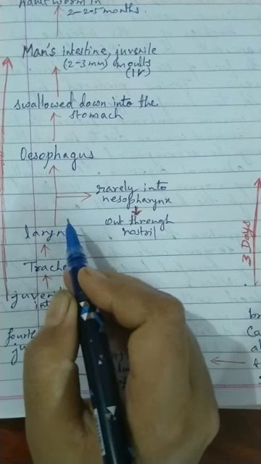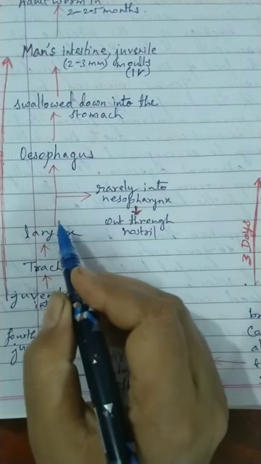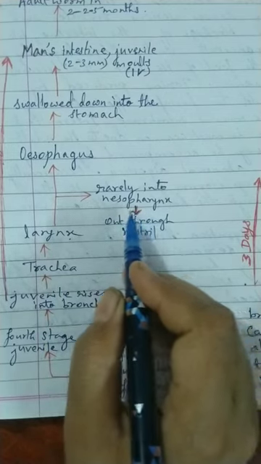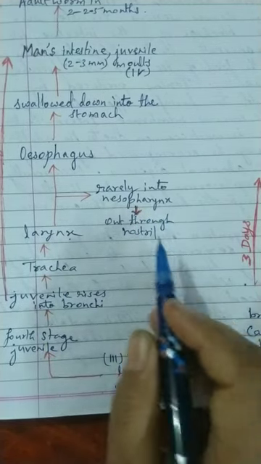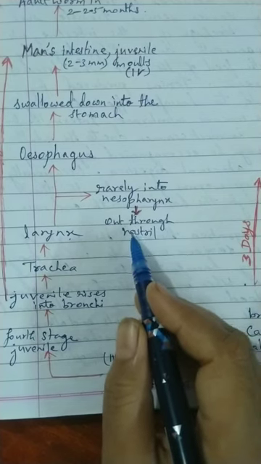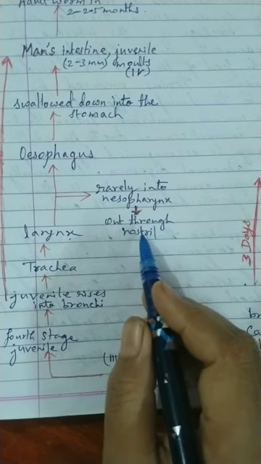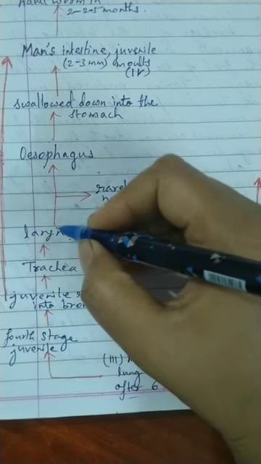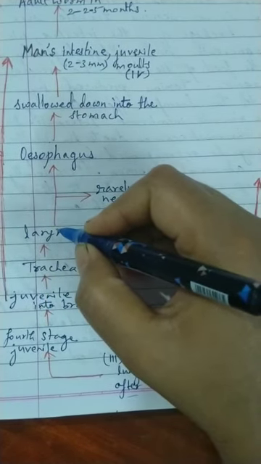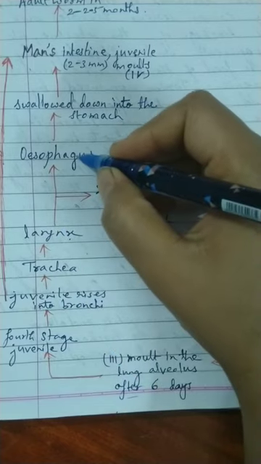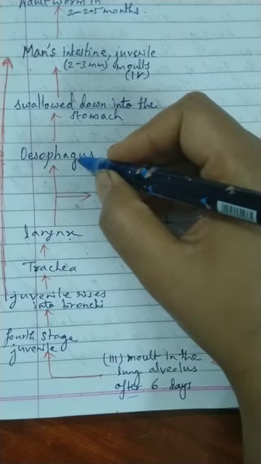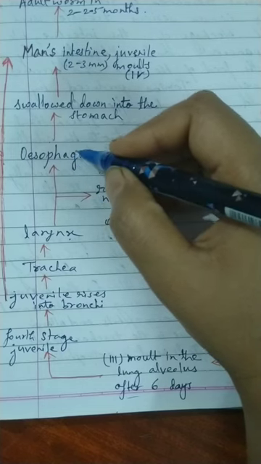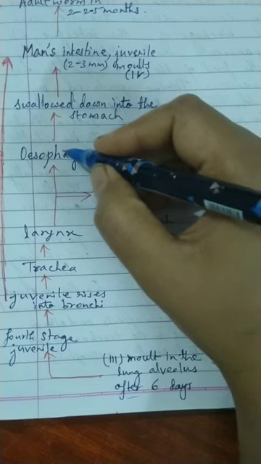One, from larynx it can enter into the nasopharynx, and from nasopharynx it can come out through the nostril, or from larynx it can enter into the oesophagus, which is also known as food pipe.